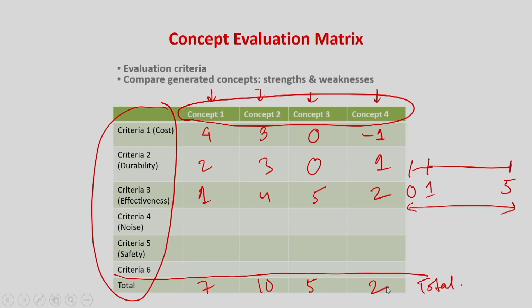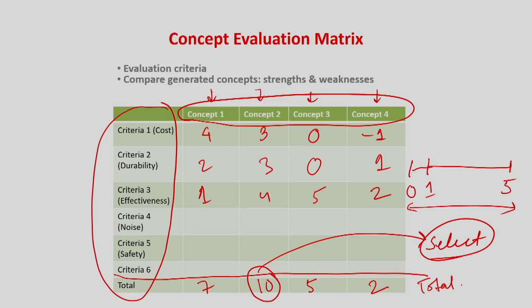So, finally, based on this score, you can select concept 2 as the best performing concept across all the concepts that you have generated, and move it towards your detailed drawing and manufacturing stage. So, this is about concept evaluation.